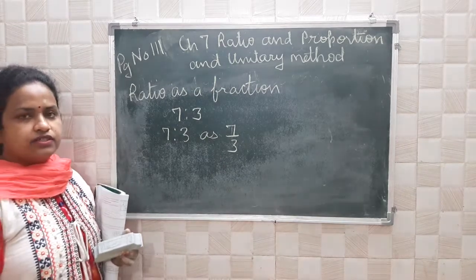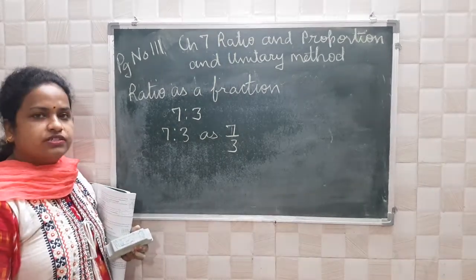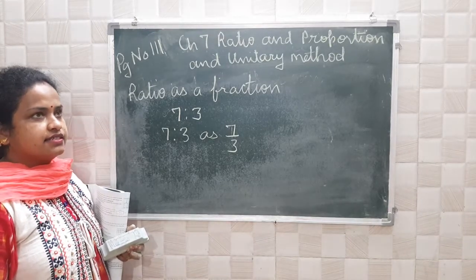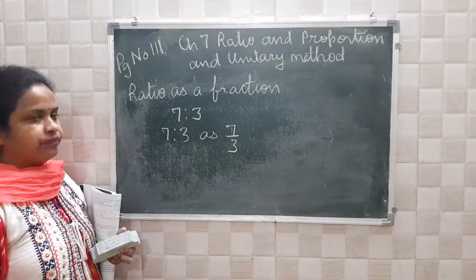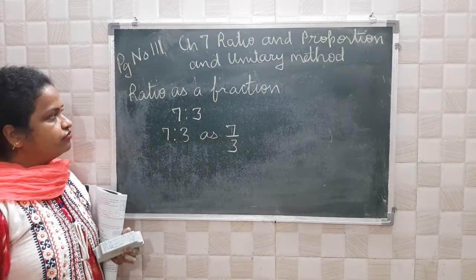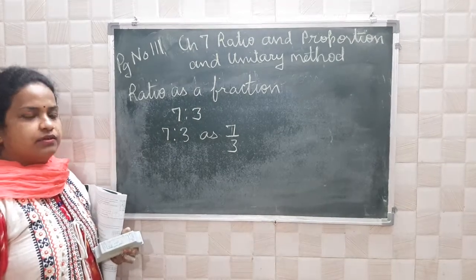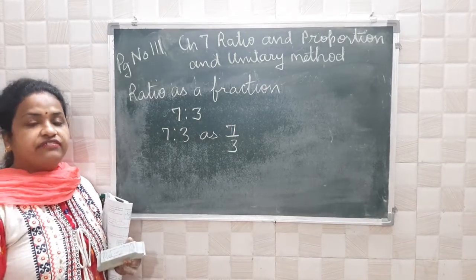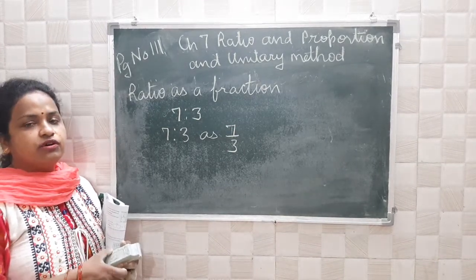This is a ratio. You can write it in the form of a fraction, because a ratio is also written as a fraction, and when we solve a ratio we write it in the form of a fraction only.